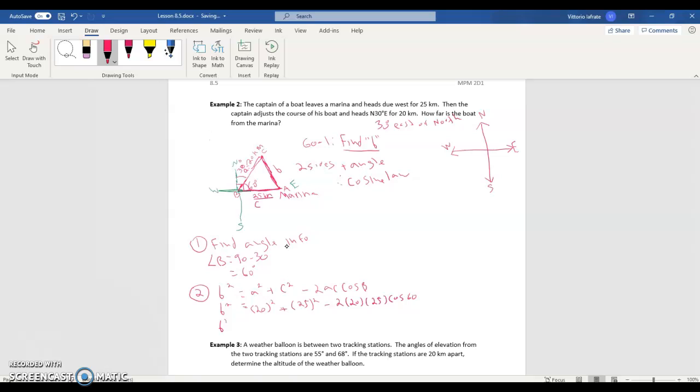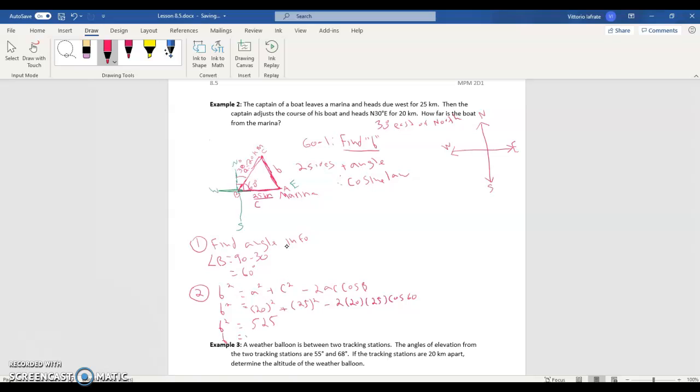So that means that b squared is equal to, so let's go in our calculator here. So 20 squared plus 25 squared minus, open brackets, 2 times 20 times 25 times cos 60, make sure it's in degrees, close brackets, we get b squared is equal to 525.